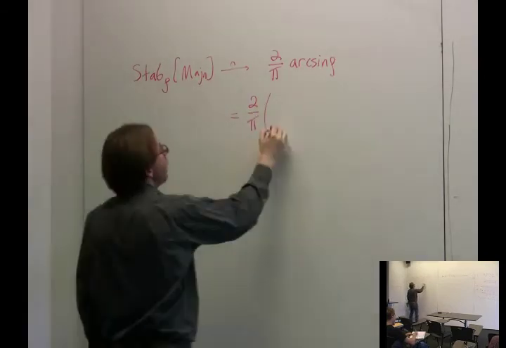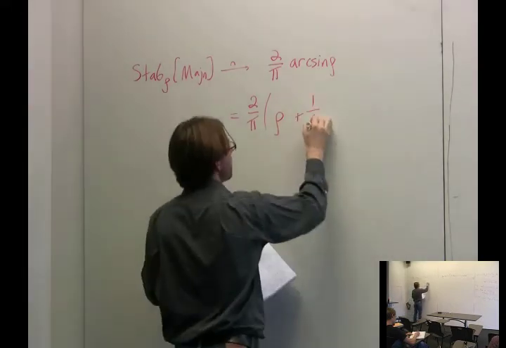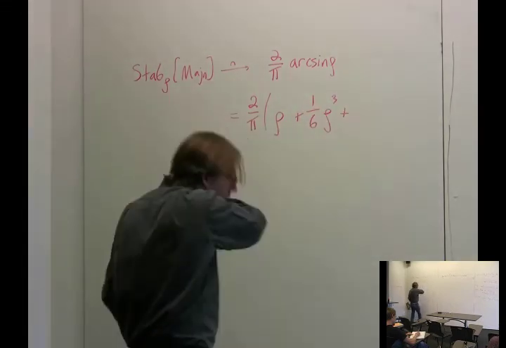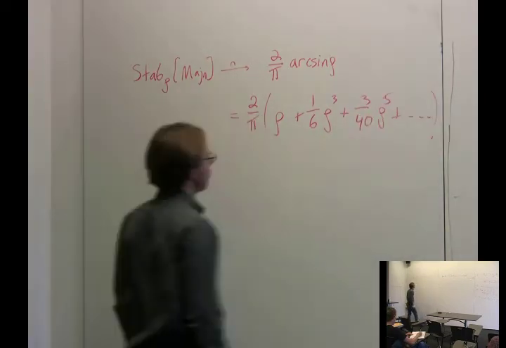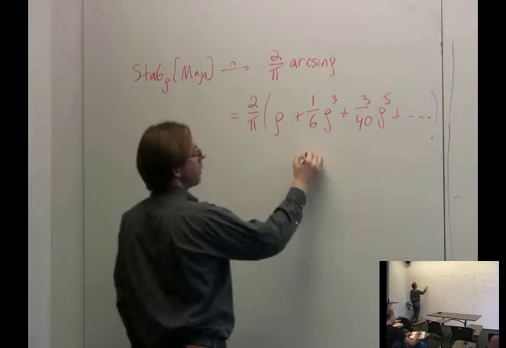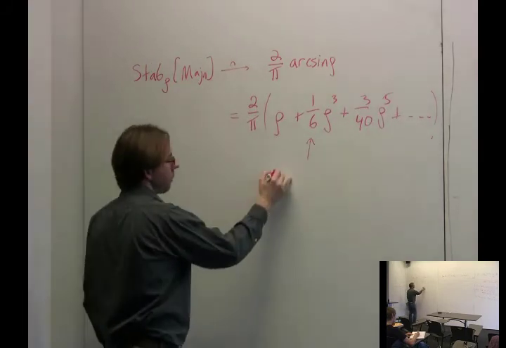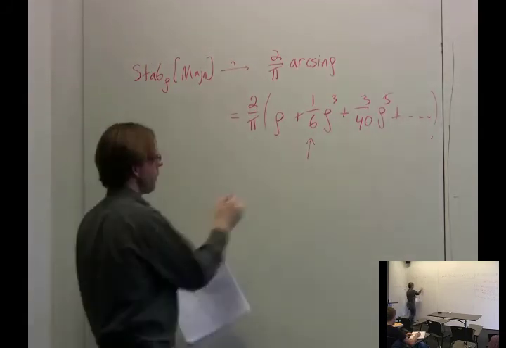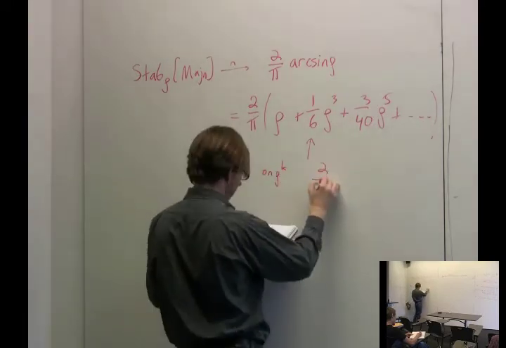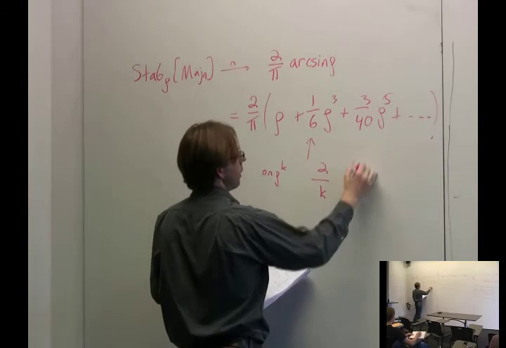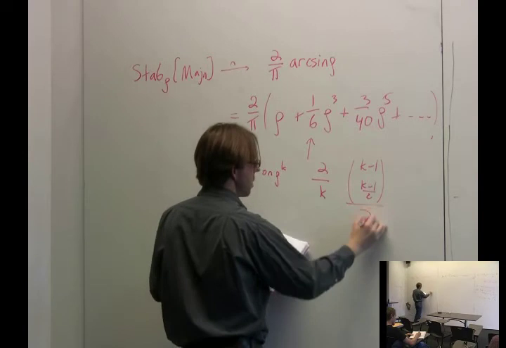The Taylor series of arcsine is apparently rho plus 1 over 6 rho cubed, plus 3 over 40 rho to the 5th, plus some other stuff. It only has non-zero coefficients on the odd terms. It's an odd function, and on the kth coefficient, on rho to the k, you get 2 over pi k, times k minus 1 choose (k minus 1) over 2, over 2 to the k.